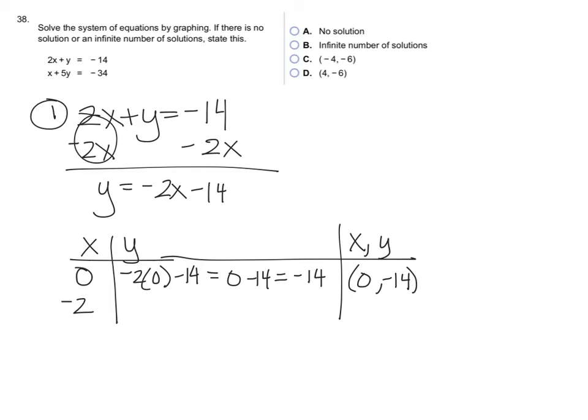I'll do the same with a negative 2. I have a negative 2 times a negative 2 minus 14. Negative 2 times negative 2 is a positive 4. So positive 4 minus 14 will give you a negative 10. So my next ordered pair is a negative 2, negative 10.